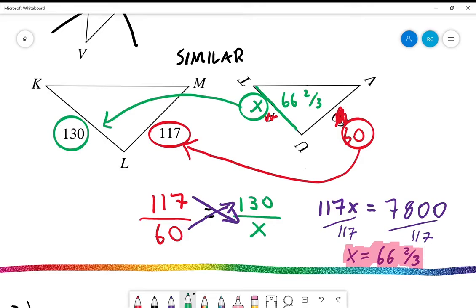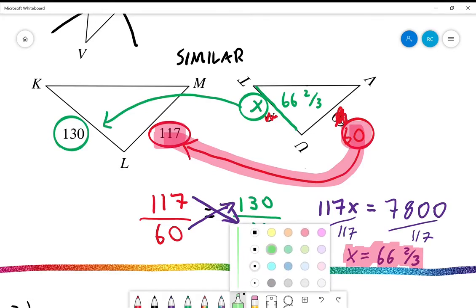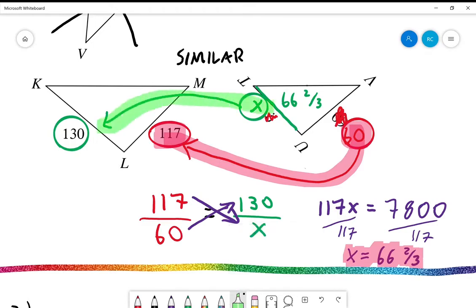So again, to recap, we know that to get the multiplier from this side to this side, we take 117 and divide it by 60. We know that to get the multiplier from this side UT to this side KL, you would take this value 130 and divide it by x, whatever x is.